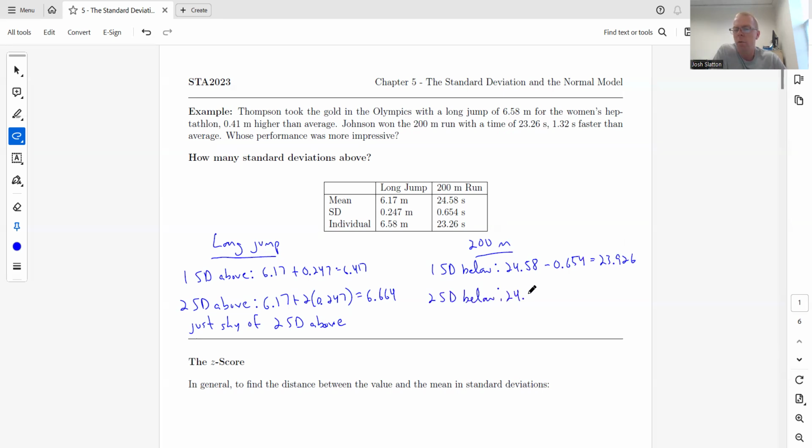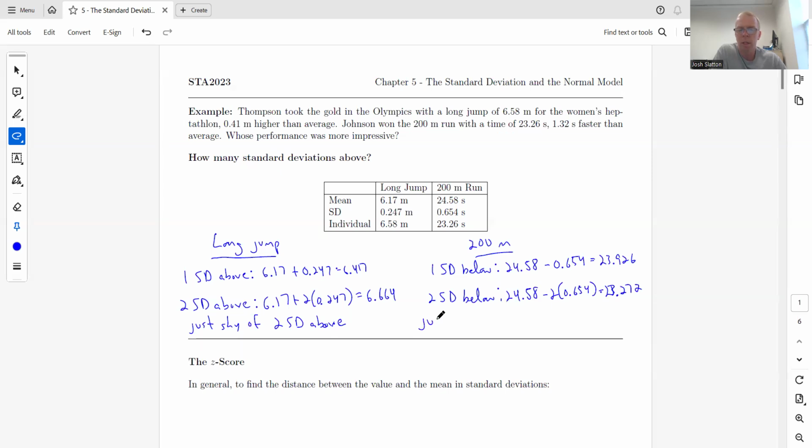24.58 minus 2 times 0.654, and that is 23.272. And now we're not quite there. We're still a little bit above the individual time, but we're pretty close. If we did 3, we'd be far below it. So let's say that this one, because it is below, is more than 2 standard deviations below.